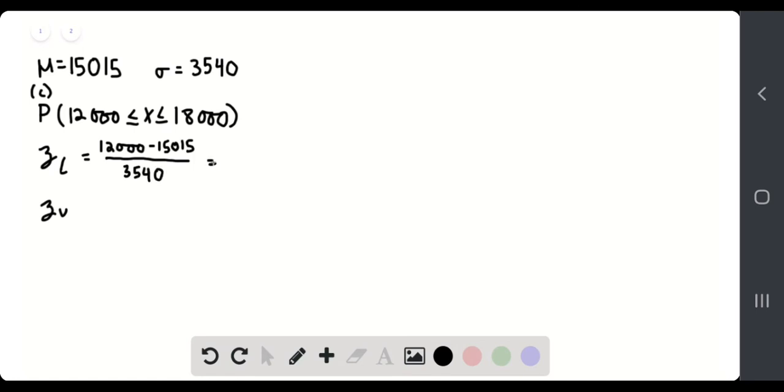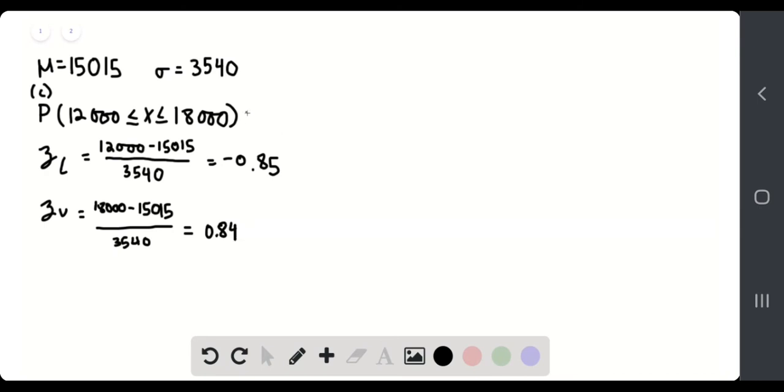And when you plug that into a calculator, like I am doing right now, that is negative 0.85. And for this one, it's going to be 18,000. We should get a positive z-score for this because it is above the mean.